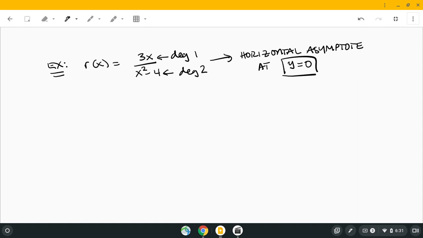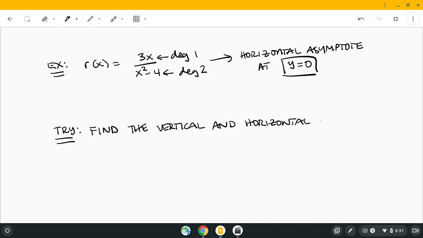All right, go ahead and try this one. Here, I want you to find the vertical and the horizontal asymptotes, if they exist. You might not have any, right?